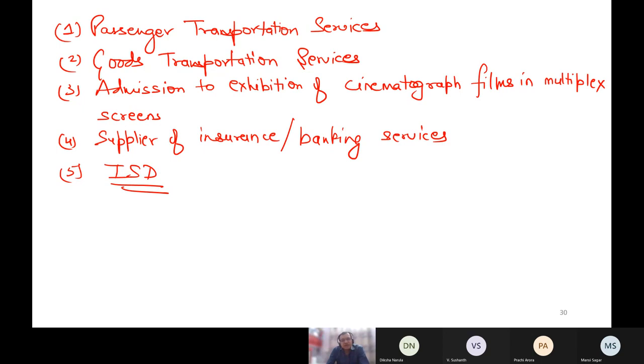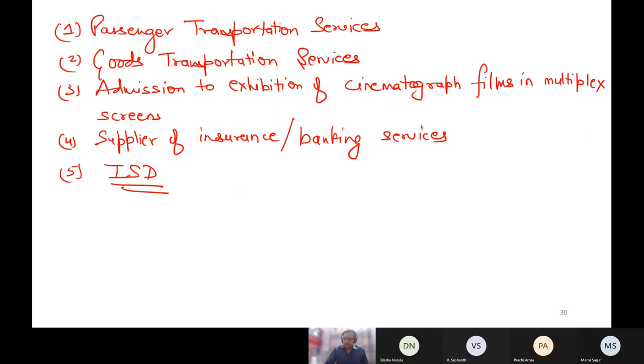So rather than having separate branches take AMC of air conditioner services, collectively a single office will take the AMC for all these 200 branches. It results in saving of cost, because when you purchase something in bulk, the rates decrease. So that office is known as input service distributor, whose job is simply to avail services to be transferred to different branches. Detail I will discuss later on.